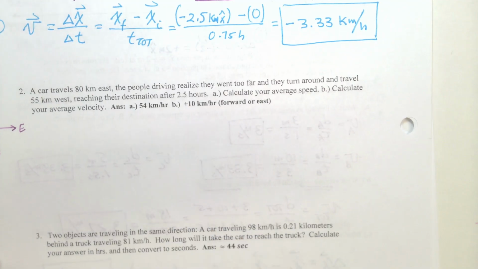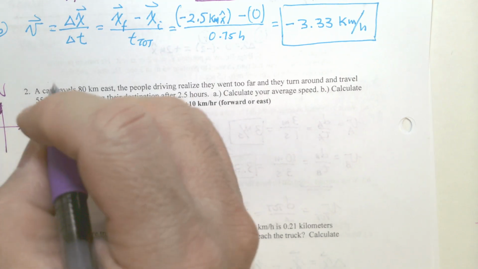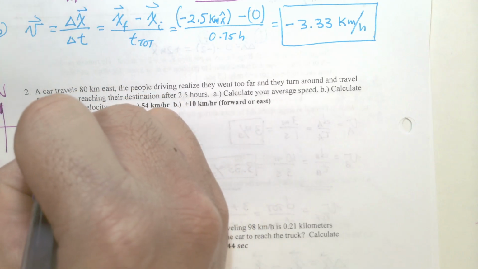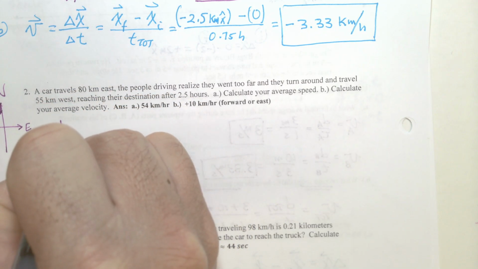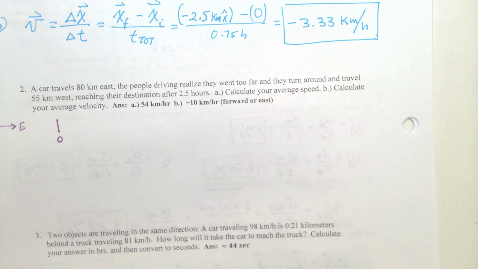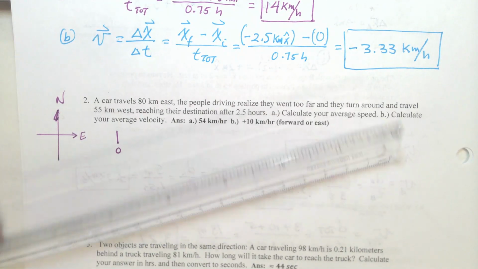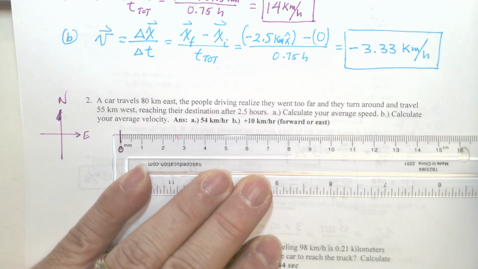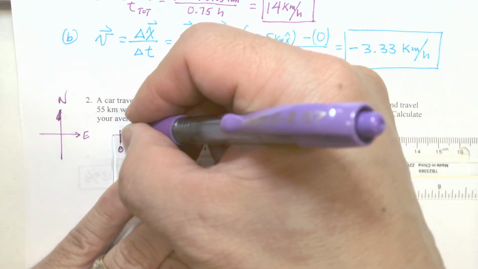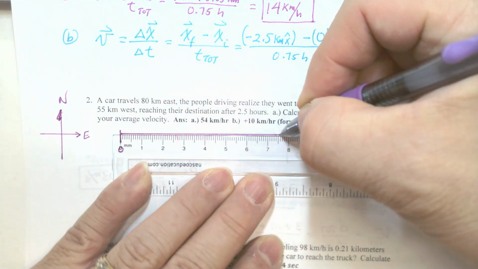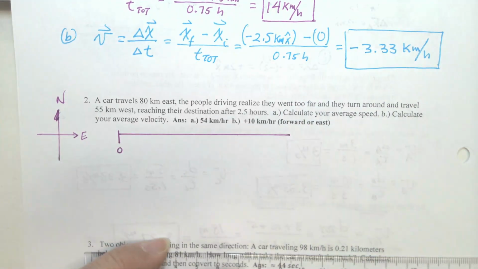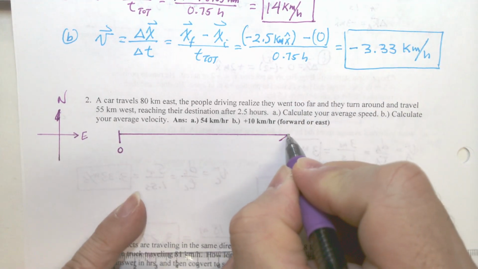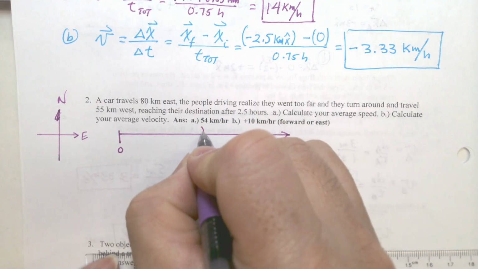Therefore, if the car travels 80 kilometers east, we're going to start here, so here's our 0, and we're going to travel 80 kilometers east. You don't have to draw this to scale, but I like to, just to make sure that I'm visualizing this correctly. So I'm going to say each centimeter is 10 kilometers, so 80 kilometers east.